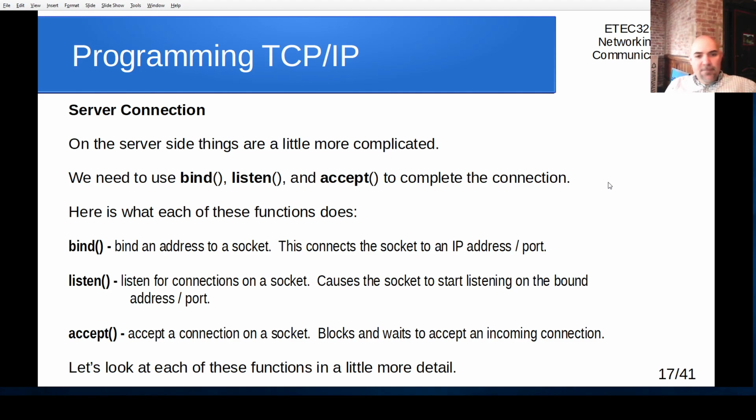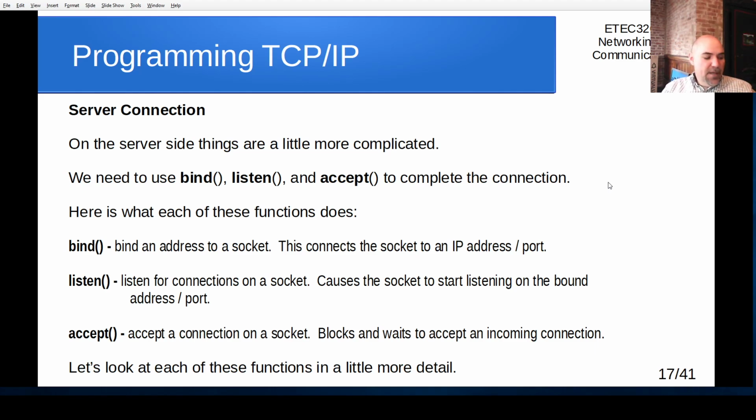So on the server side, like it says here, things are just a little bit more complicated, but not too much so, in that we need to use bind, listen, and accept to complete that connection. Now, what does each of those do? Bind is the first step. What it does is associate the socket that we already have opened with a particular address on the local machine. So we say, hey, this socket, bind it to that address.